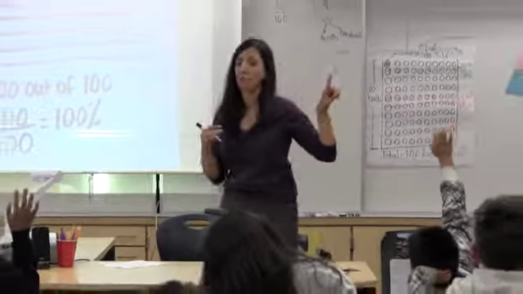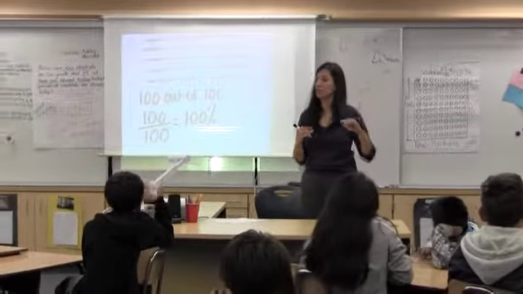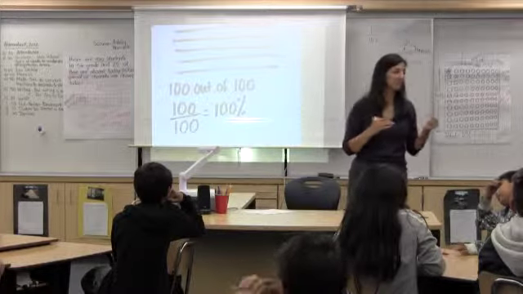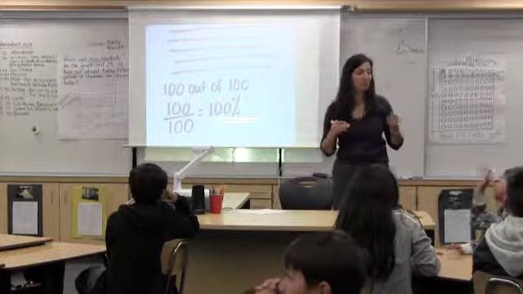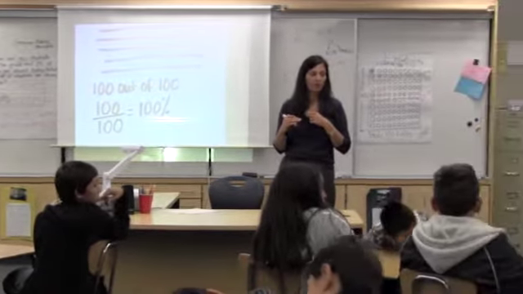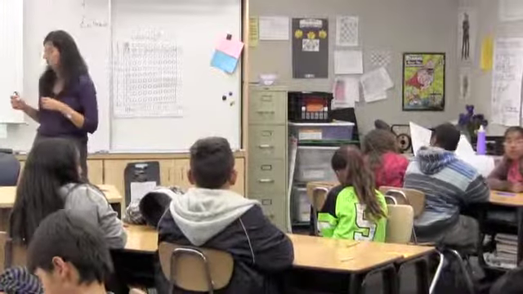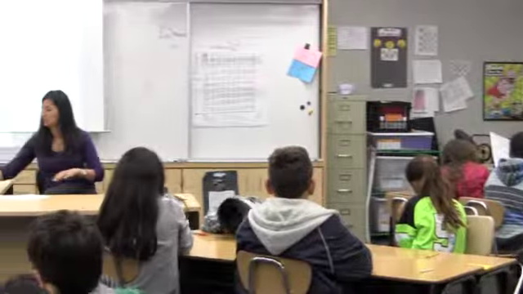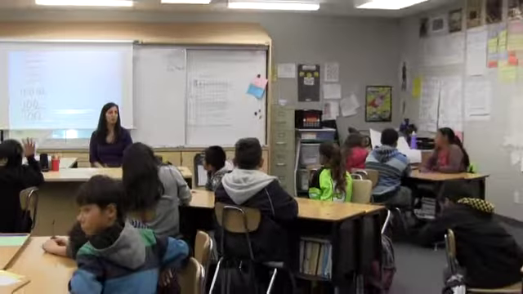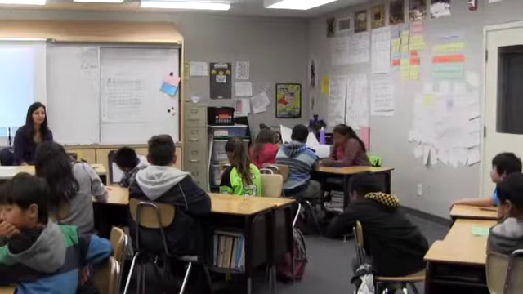You have to go back to your fractions and think of when you were simplifying fractions or when you are asked to give the answer in the simplest form. What is happening here? Raimundo? If we forget about the percent for now, okay, don't worry about the percent, 100 over 100 equals what in the simplest form?